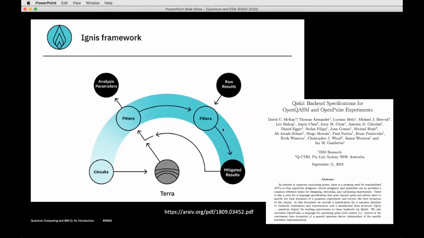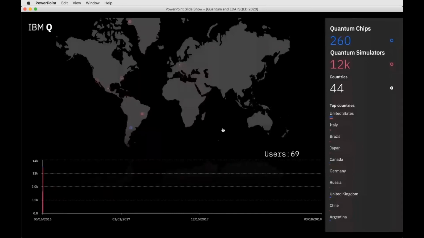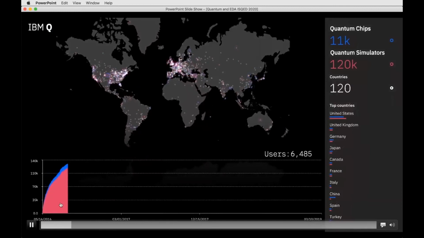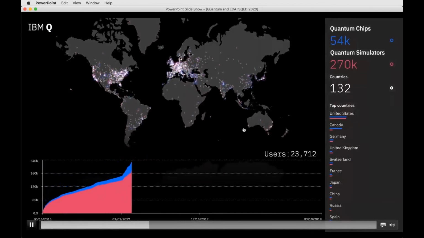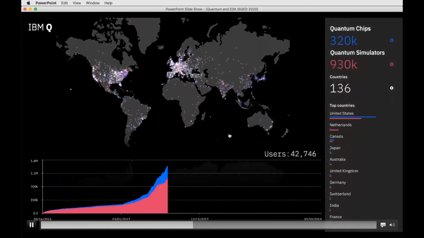So the Qiskit layer has become very, very popular, and we opened this up in the middle of 2016, and saw a pretty big takeoff in many, many countries. In pretty much a year, it's spread out pretty much across all the different continents.